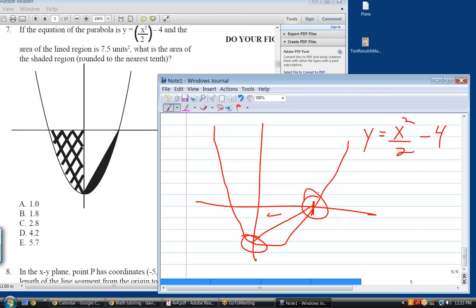So to figure out what this point is on the x-axis, I know the y is 0, but I don't know what the x is, and I need that because that's going to be the base of my triangle. So I set y equal to 0 because I know that it's 0 at this point. And then I solve the equation. Solve that for me.